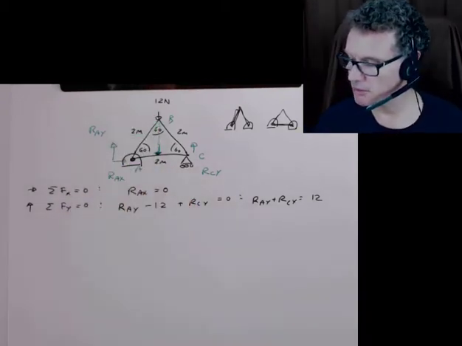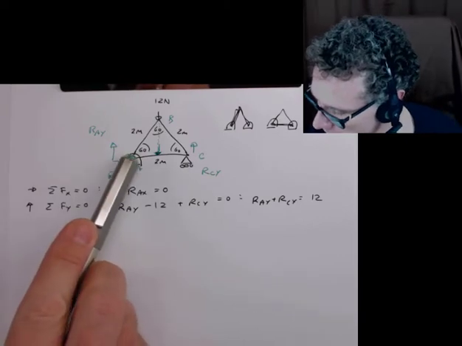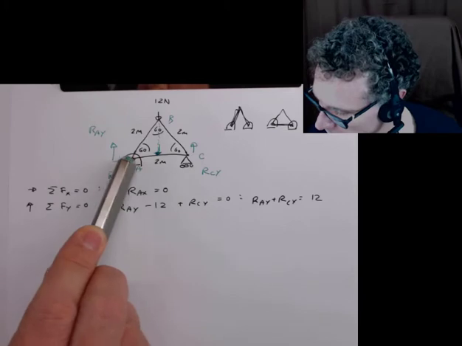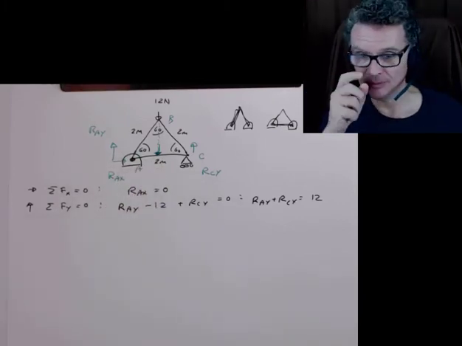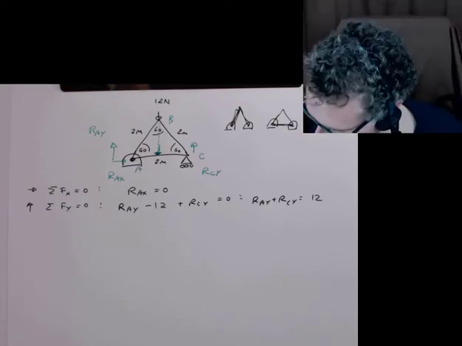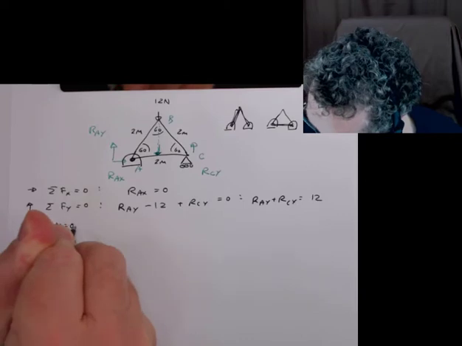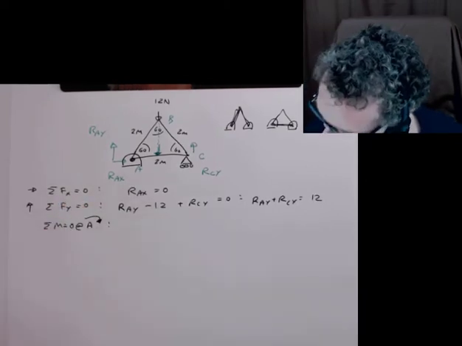I'm just imagining that so that I can then measure the distance. What's the distance from here to here? Well, half of 2 is going to be 1, so that's 1 meter.